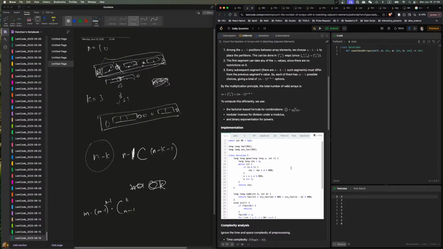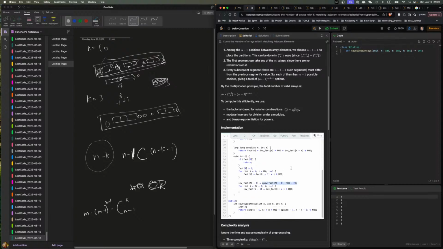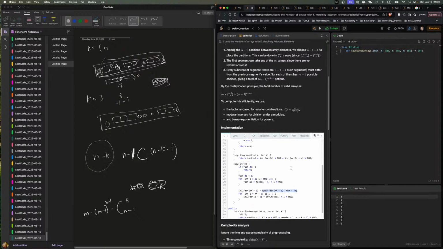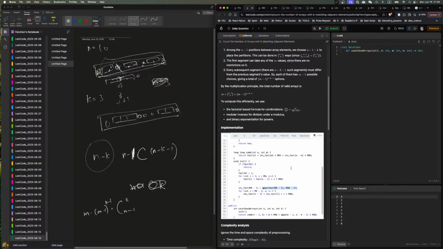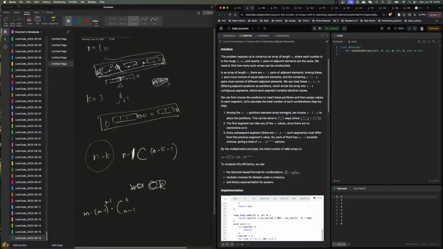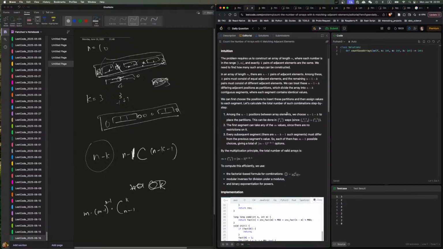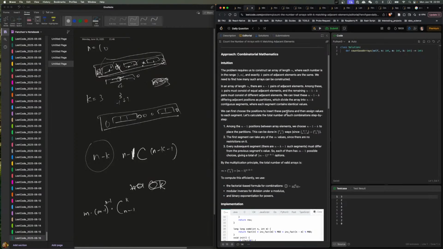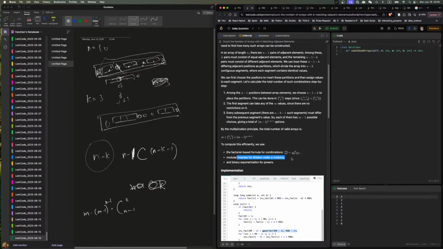You do the power thing. Mod minus 2. Modulo inverse for division.